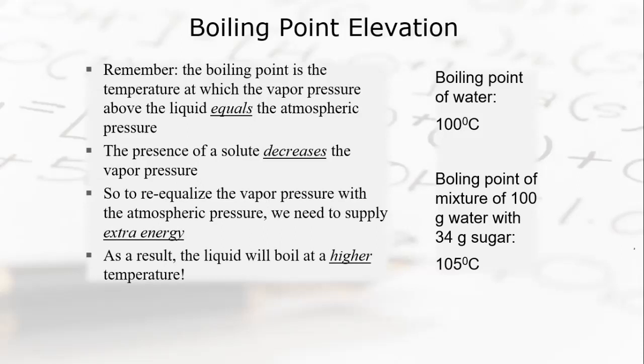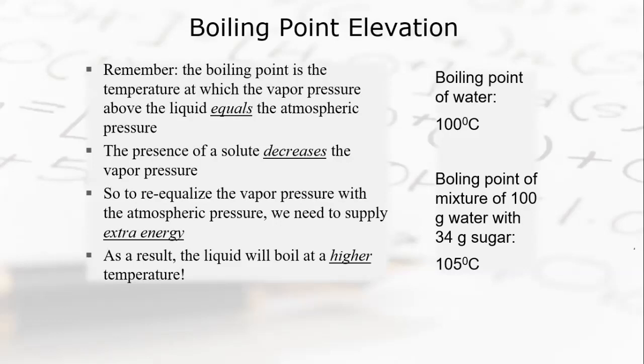So as a consequence, by the time the liquid boils, by the time the vapor pressure equalizes the outside pressure, you are at a higher temperature than you should be. So that is in a nutshell an explanation for why the presence of the solute elevates the boiling point. It has to do with the decrease of vapor pressure and the need for more energy in order to catch up to the atmospheric pressure so the liquid can boil.